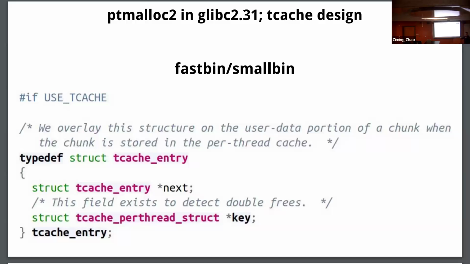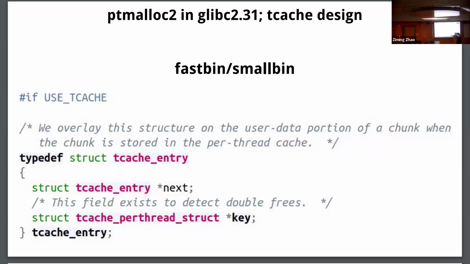Previously, it was doubly linked because you had forward and backward, right? Now, this is the T-cache entry, and the first T-cache entry member is a T-cache entry pointer to the next one. Okay, so this is a singly linked data structure. Then after that, we have a key. It points to the global variable, and this field can be used to detect a double free, though it can only detect some special cases.